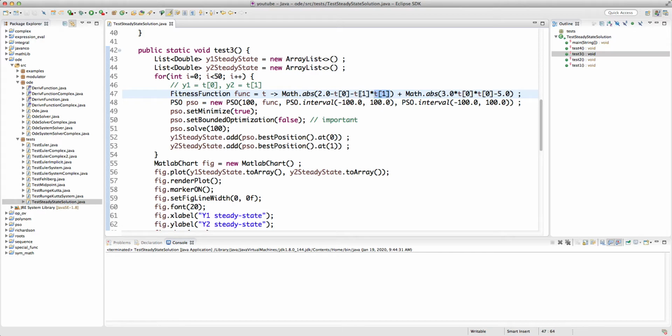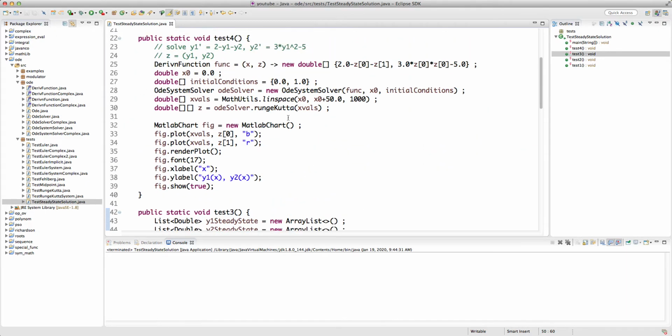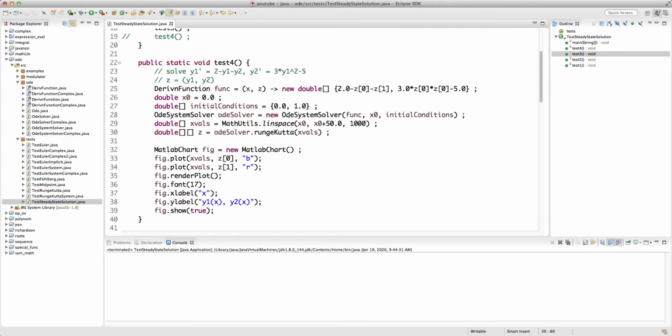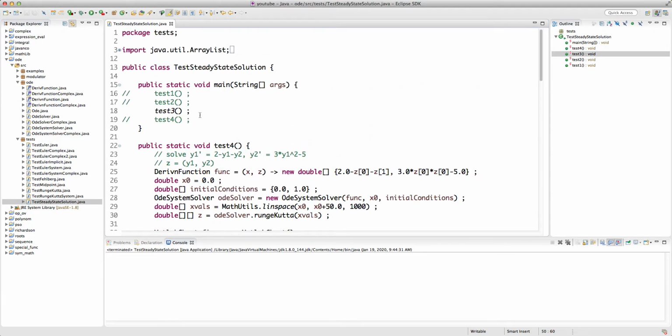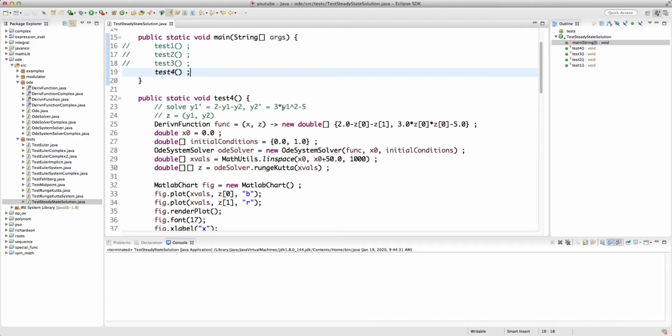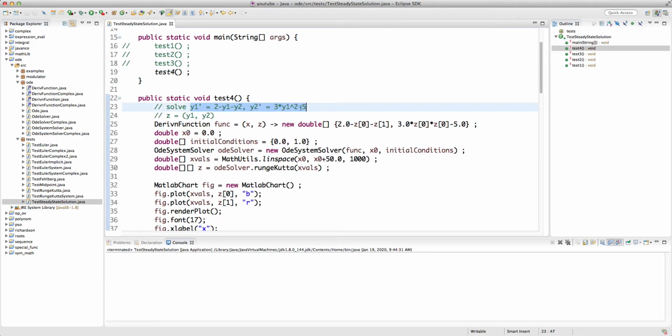So what I'm going to show you here is that if we start with our solution, 3y1 squared minus 5, 2 minus y1 minus y2, this is our original example, and let's look at test 4, which is solving this system of equations, 3y1 squared minus 5, 2 minus y1 minus y2.